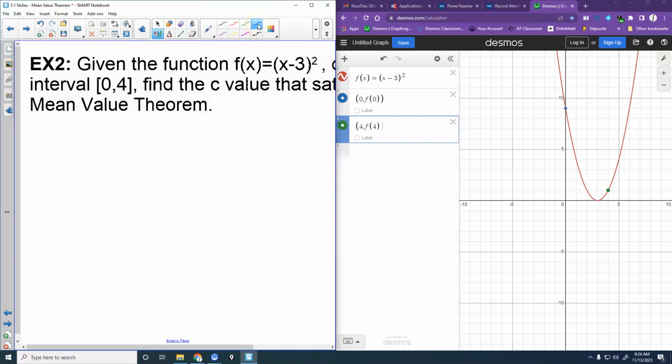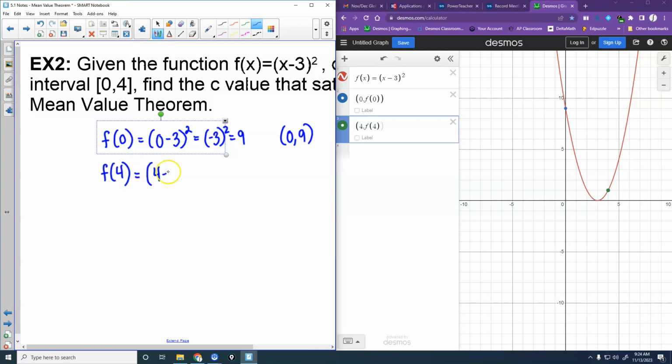So for this, you need that average rate of change, that mean value, which is the slope between your endpoints. Your endpoints are at 0 and 4, so you're going to do f of 0, which is 0 minus 3 squared, which is negative 3 squared, which is 9. So we have the point (0, 9) as one of our endpoints. And we find f of 4, which is 4 minus 3 squared, which is just 1 squared, which is 1.